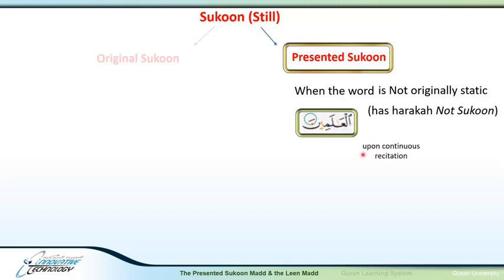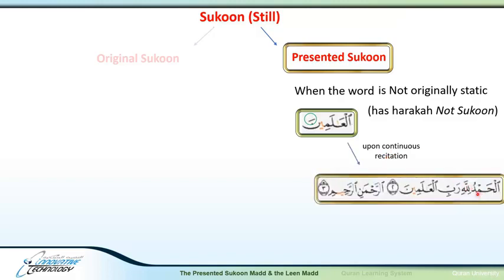That word, when we pronounce it upon continuous recitation, we say, Alhamdulillahi Rabbil Alameen Ar-Rahman Ar-Rahim. We realize that we have pronounced al-alamina with a fatha, with a haraka.